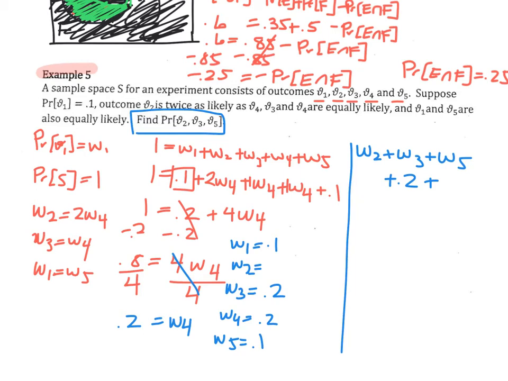And the last one is supposed to be 2 times that value, 2 times 0.2 equals 0.4. So that'll go here, and then 0.1 there. 0.4 plus 0.2 plus 0.1, that's 70%, which will be our answer. On to the last one.